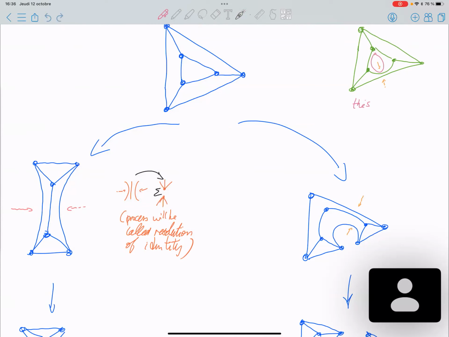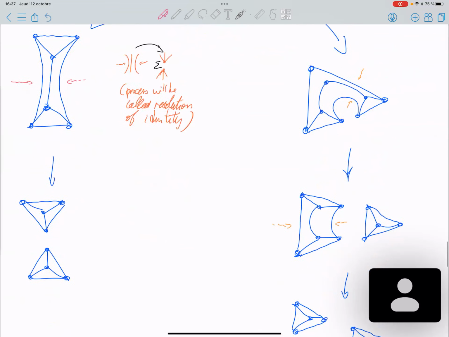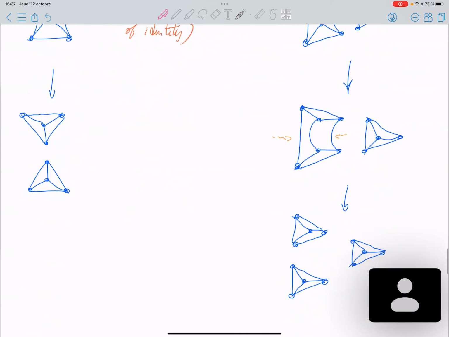This closed string, not free string, closed string, is the same as a multiplicative constant. So if you add it, then you need to divide by a constant, and it's okay. So we are okay with this picture.